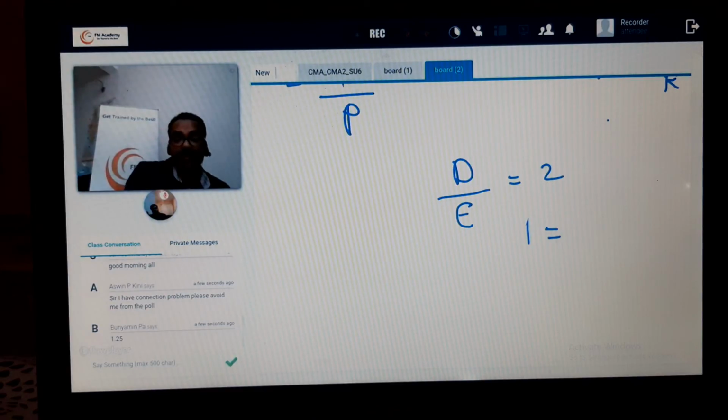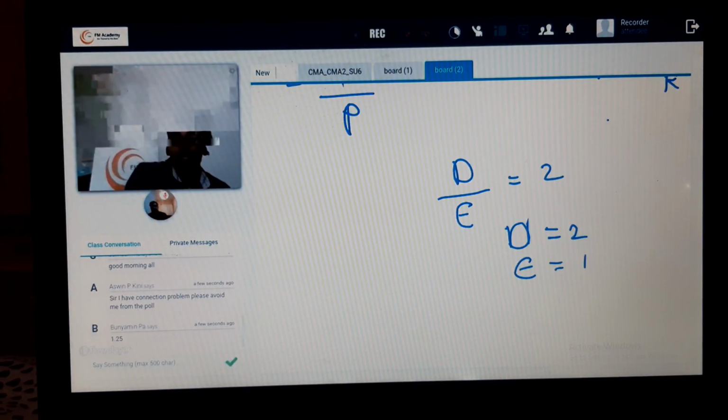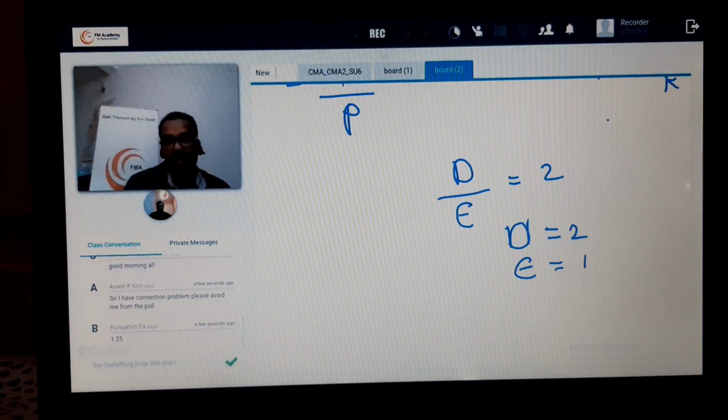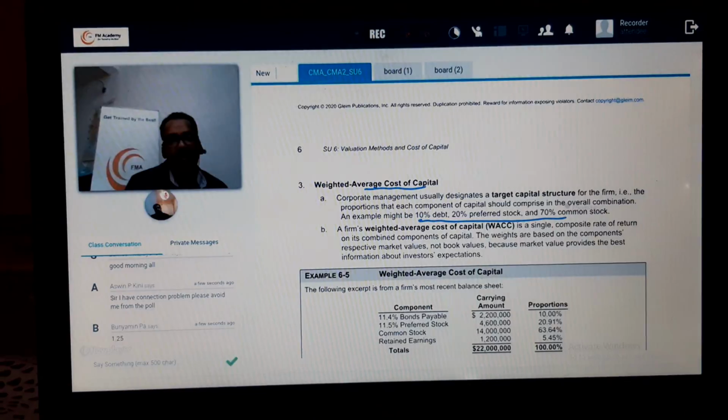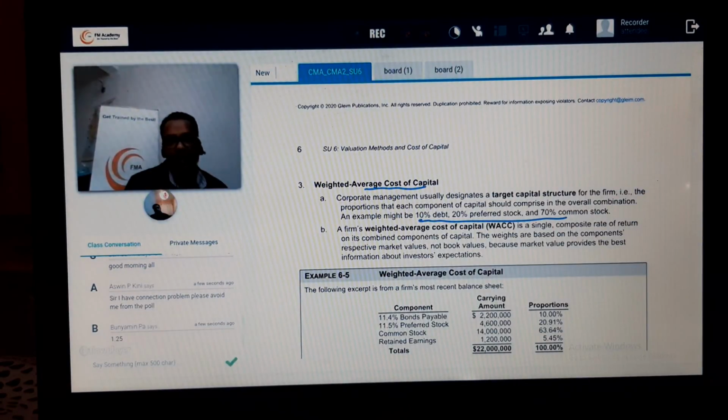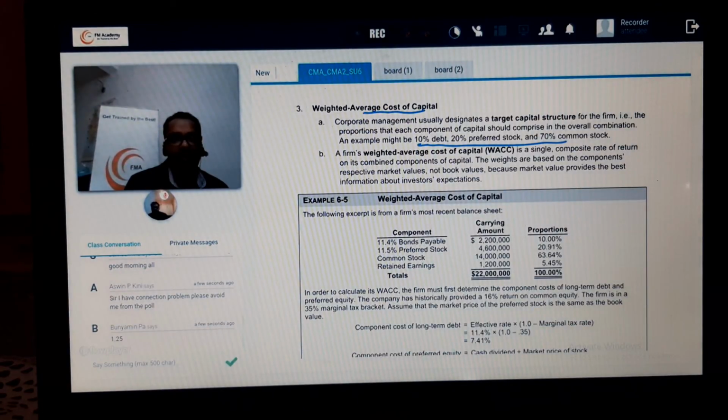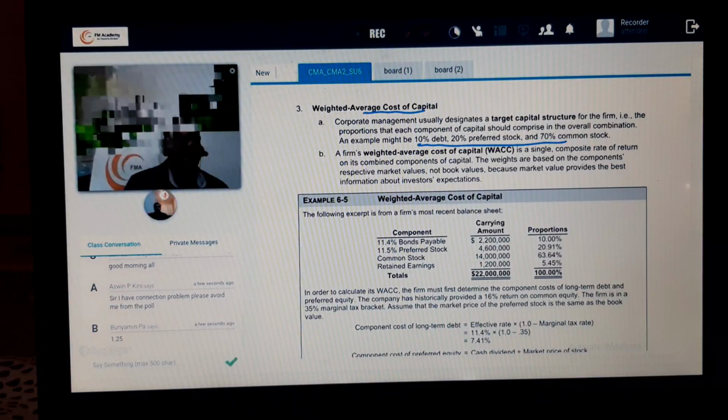Debt will be 2, your equity will be 1. You can calculate the weightage. Let's say 67% will be debt, equity will be 33%. That is another way of looking at it. So the company will have a policy on how the long-term financing will be arranged.